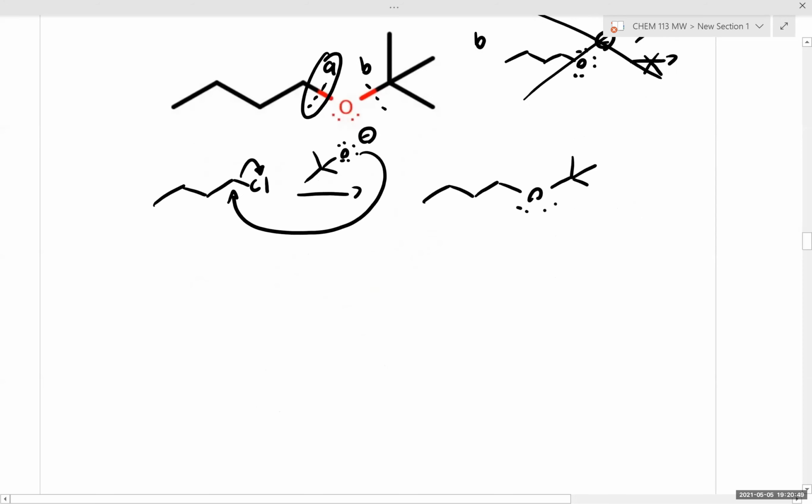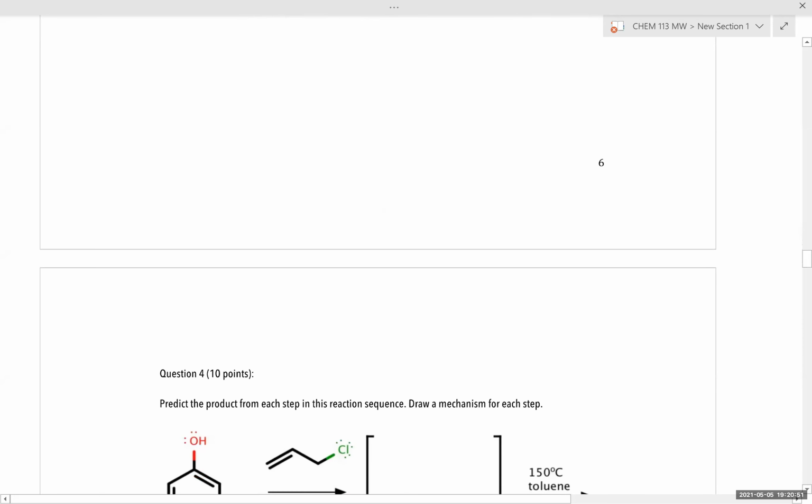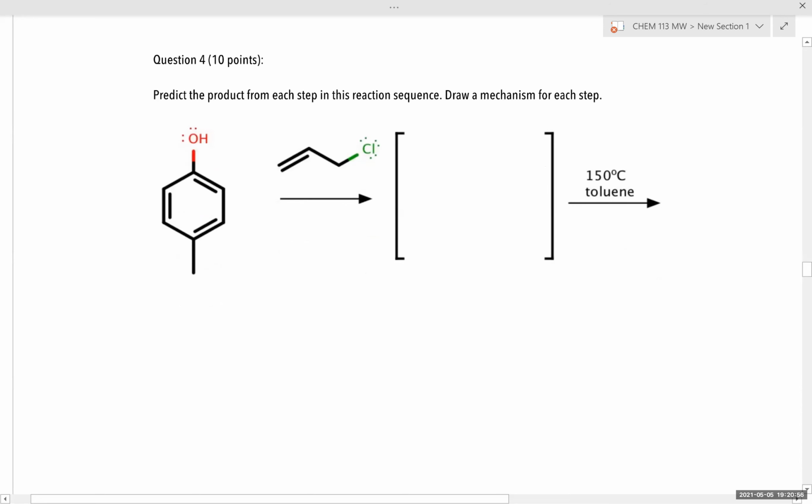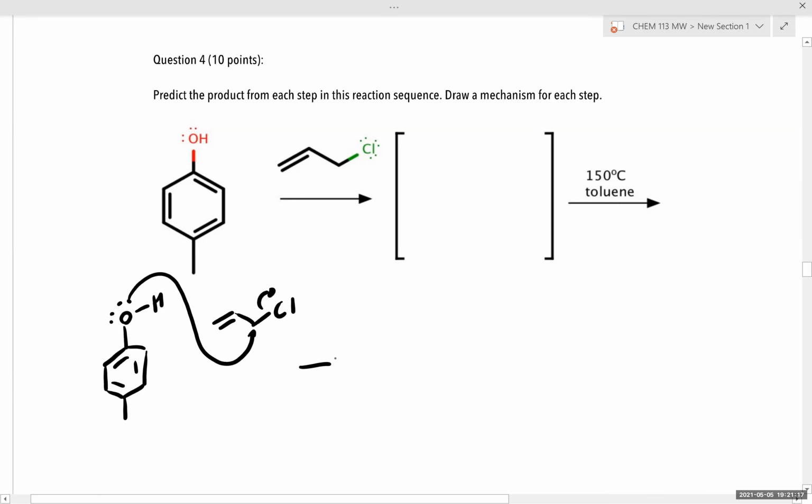Okay, so let's keep going then. In this case, we're asked to predict the product from each step in the reaction sequence and draw a mechanism. So in the first case, we have phenol, or this phenol derivative, reacting with allyl chloride. So this is a textbook SN2 reaction occurring through an SN1 mechanism because it is allylic.